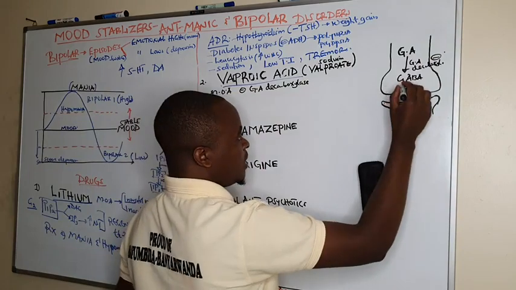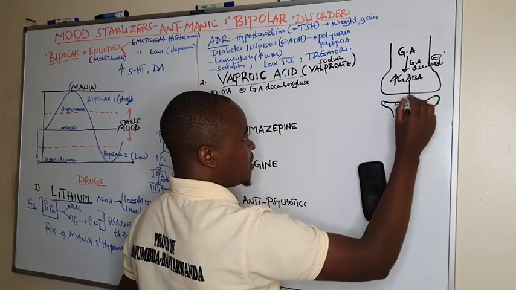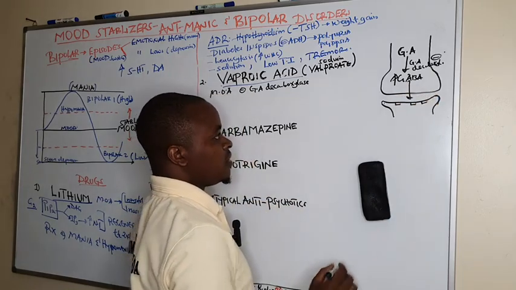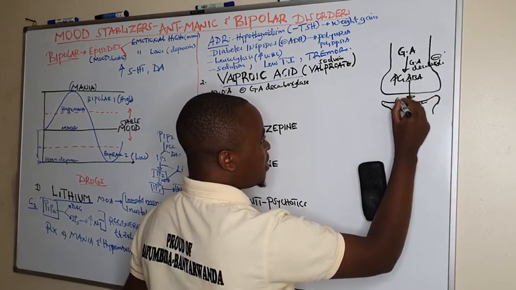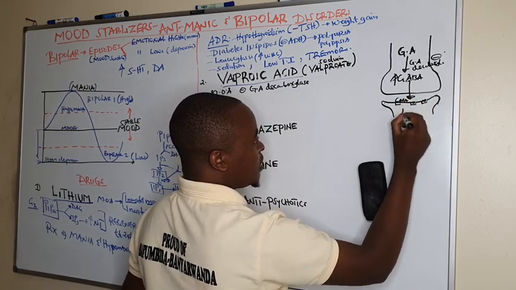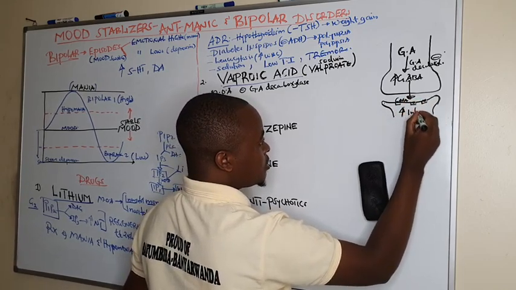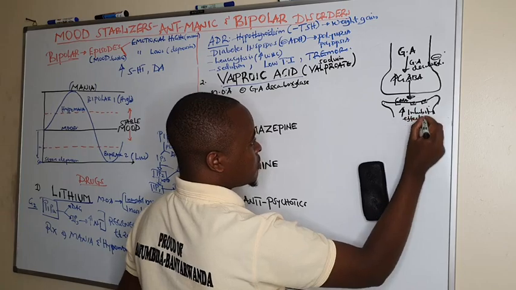And if there is more production of GABA in the cleft, then it enhances the inhibitory effect. GABA comes and binds to its receptors, hence increasing the inhibitory effect of GABA.